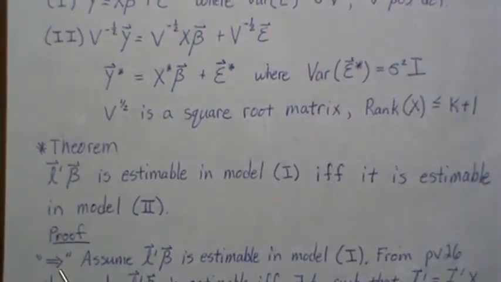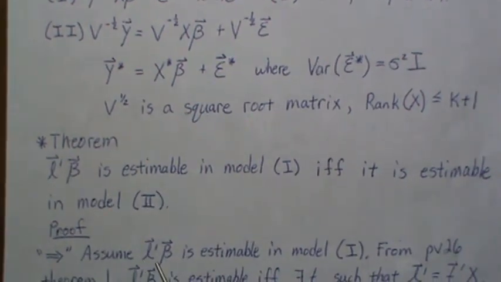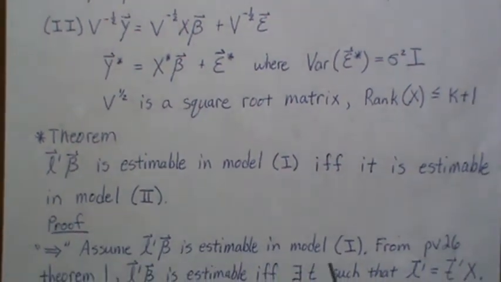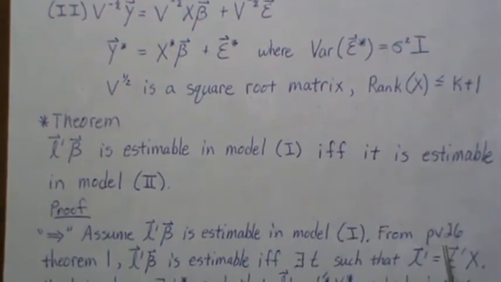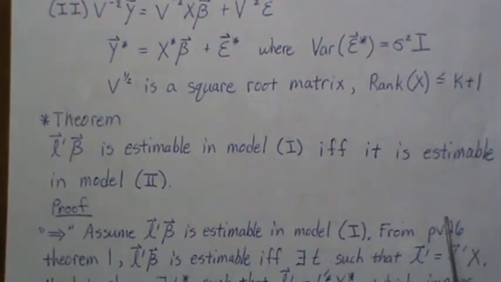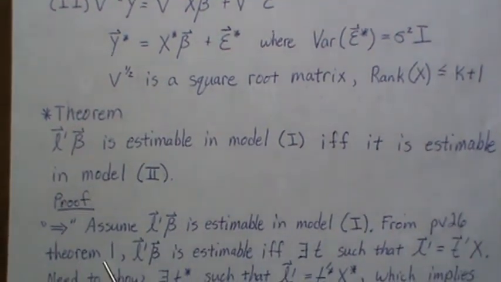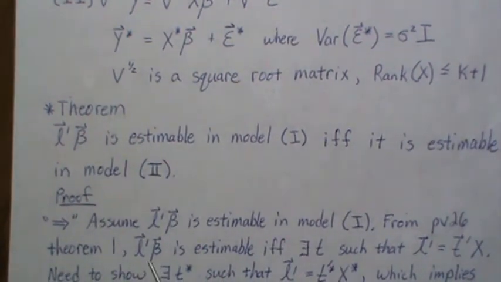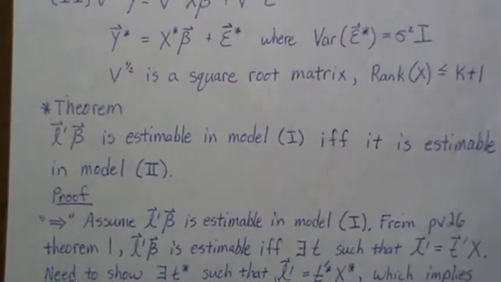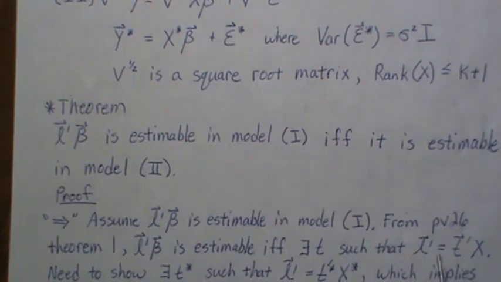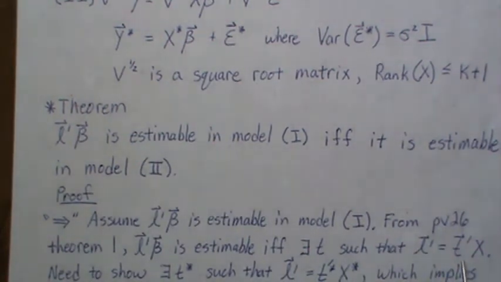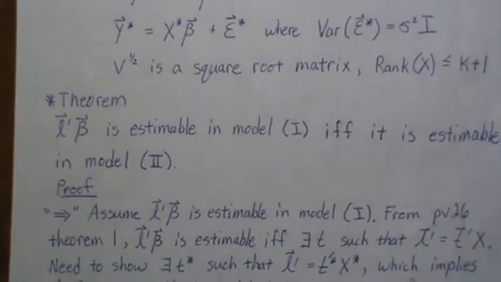So let's go this direction first. Let's assume this linear combination is estimable in model 1. Then from previous video 26 in this playlist and theorem 1, this linear combination is estimable if and only if there exists a t such that this vector L equals t prime X, which means it's a linear combination of the rows of the design matrix.